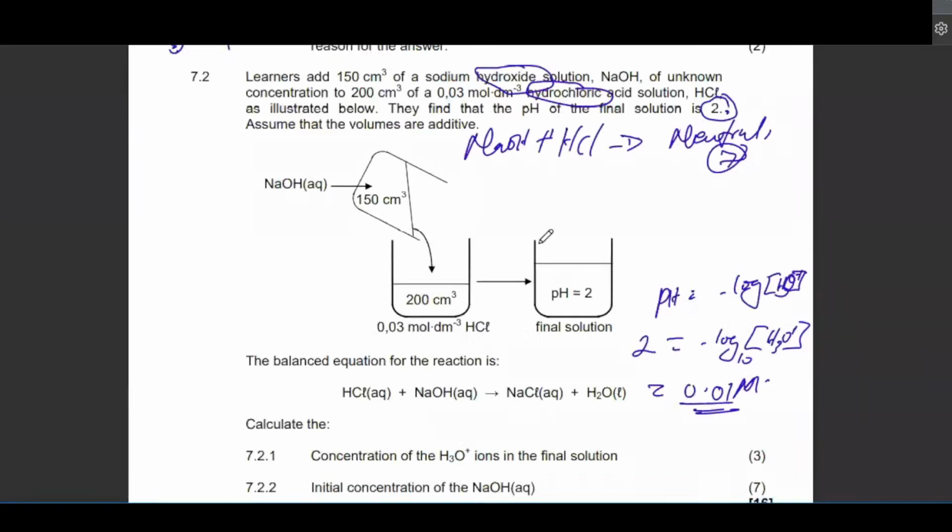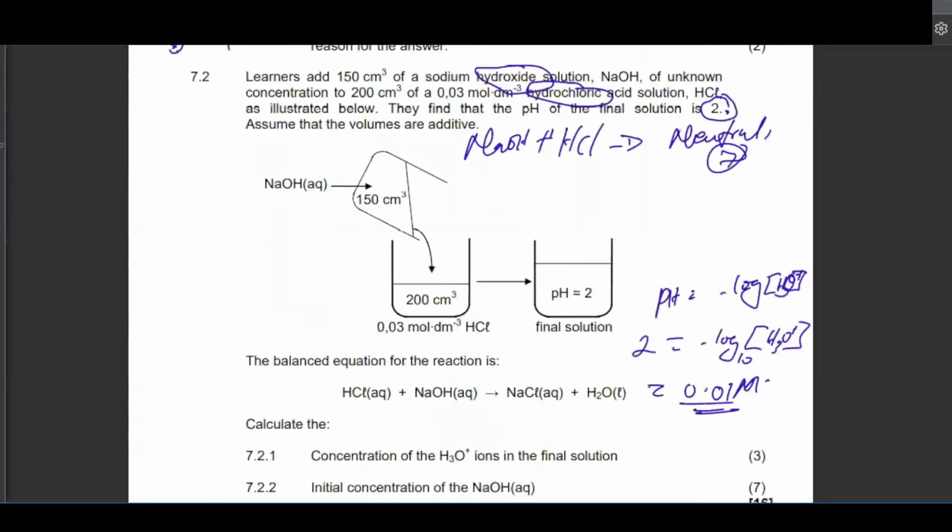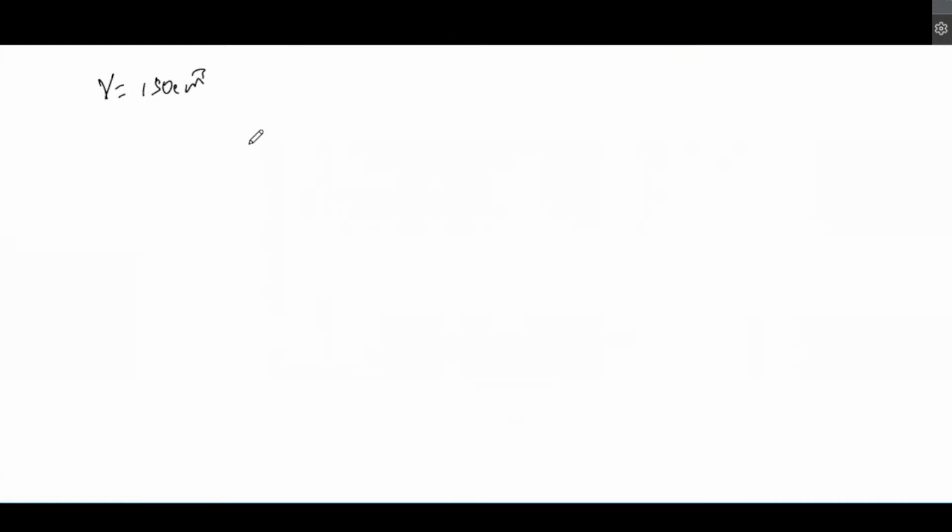Let's list what is being given. They're saying 150, that is the volume. Volume is equal to 150 cubic centimeters. And this volume is for sodium hydroxide, but we are looking for the concentration of sodium hydroxide. Therefore, we don't know the concentration. So it's going to be, I don't know.